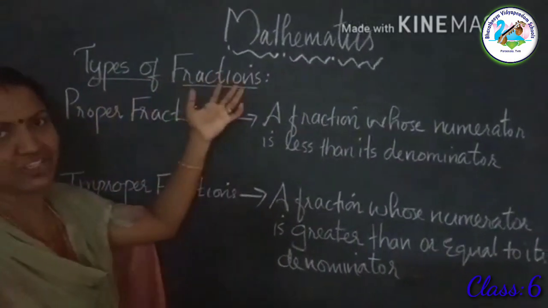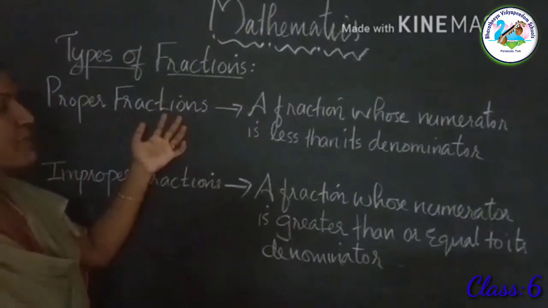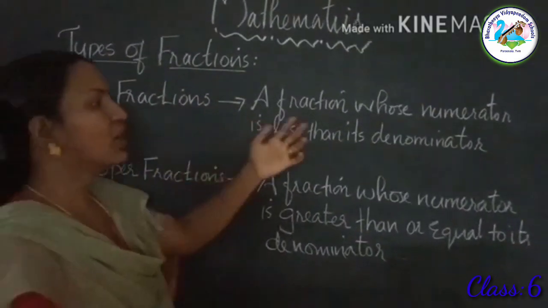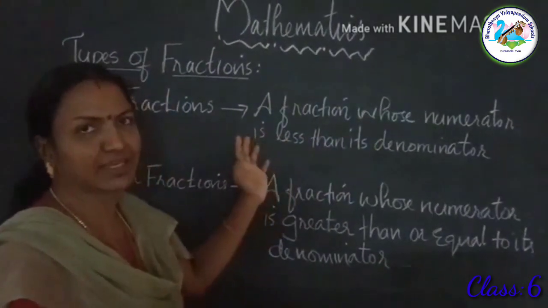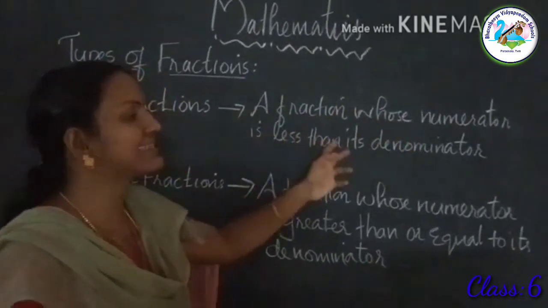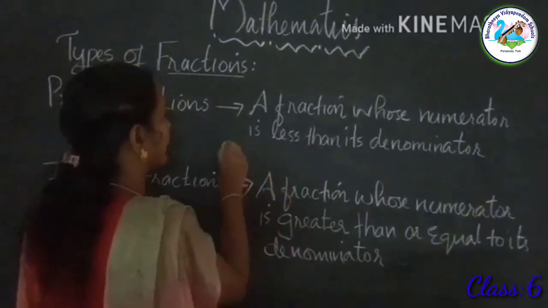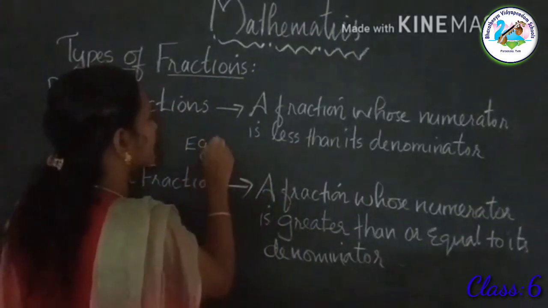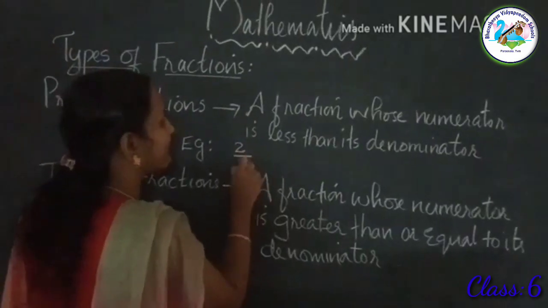Types of fractions. First one, proper fractions. A proper fraction is a fraction whose numerator is less than its denominator. For example, 2 by 3.